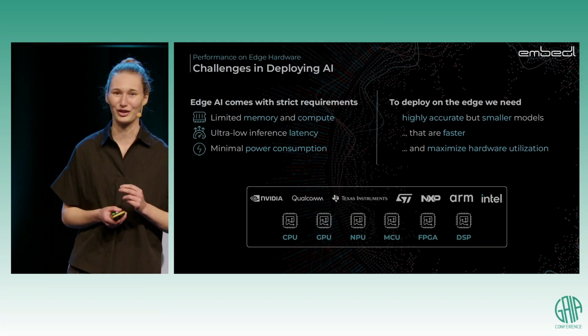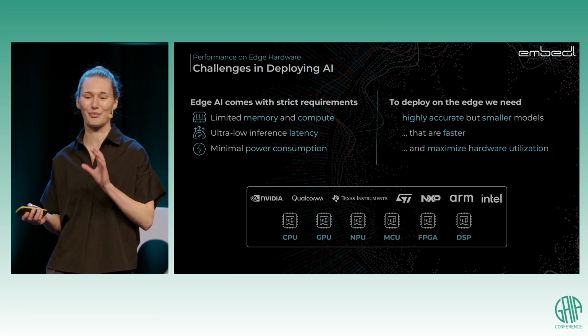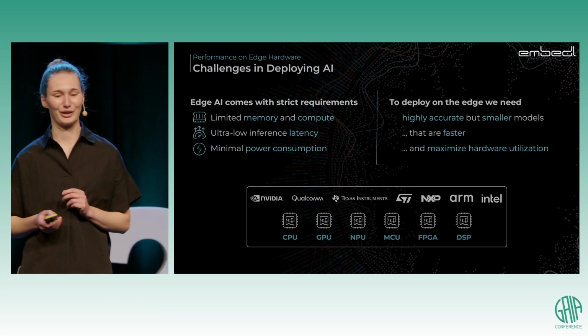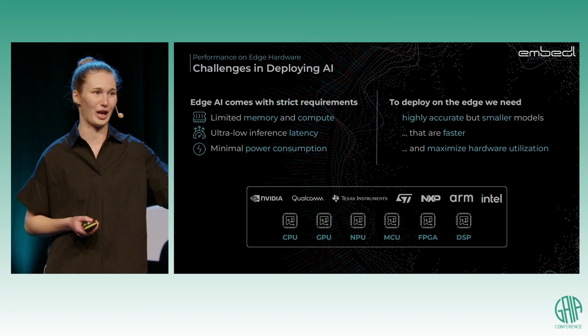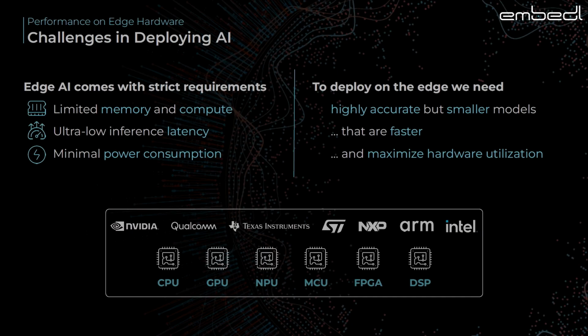So local AI comes, of course, with a couple of challenges. It's not just taking your model and plugging it in and being happy. So when you take your big model, maybe trained on a cloud, trained on an A100 or H100 NVIDIA GPU, and deploy it on a small smartphone, maybe on an NVIDIA AGX Orin, you come with strict requirements.